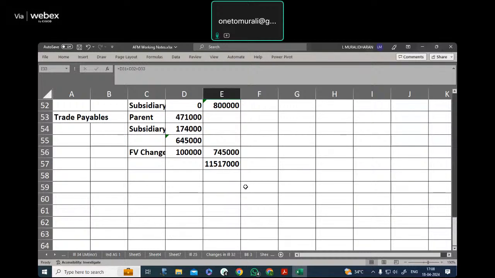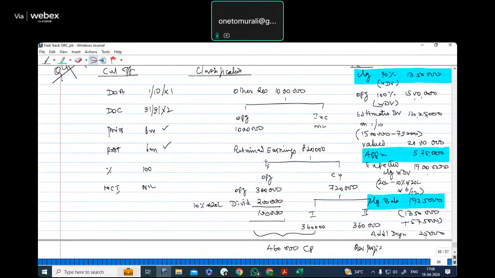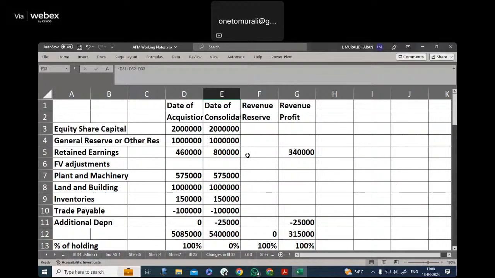Outer column is this. 20,000 rupees difference we have. Let me just check up with this computation. $460 and 80.